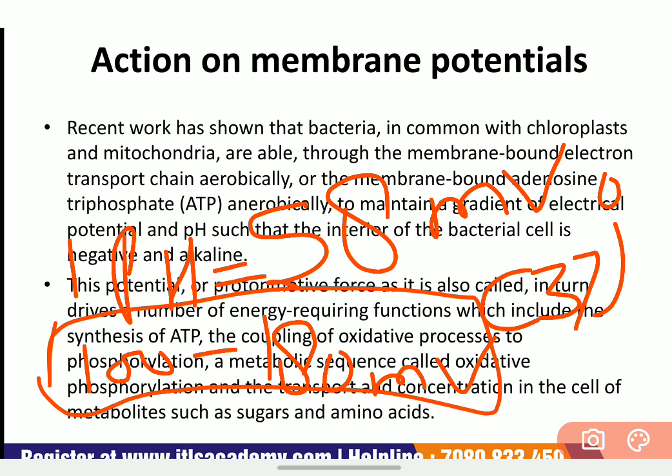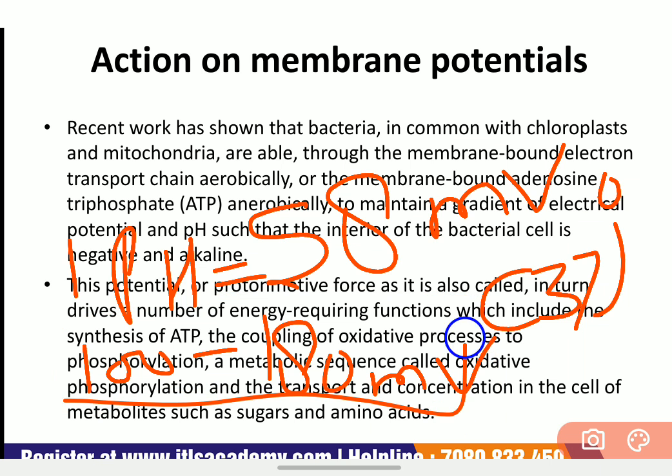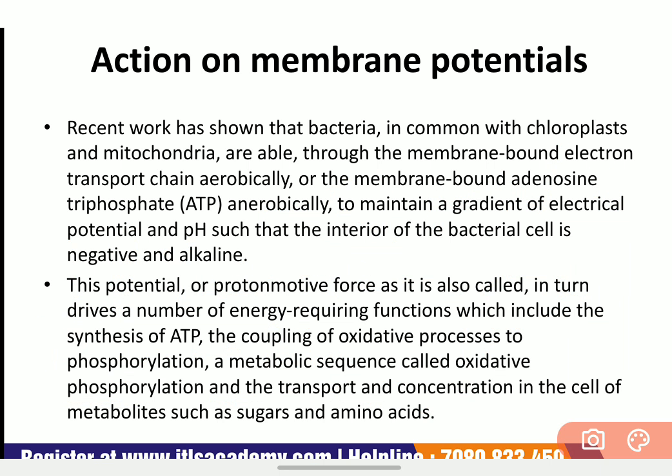With the inside negative, this would cause the negative charge on the inner side of the membrane. The membrane is impermeable to protons, whose extrusion creates the potential described.